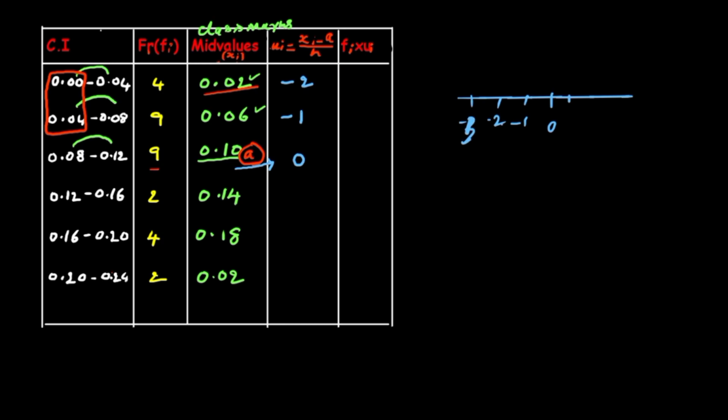And after 0 you will have 1, 2, 3. But here you can simply take that reverse: 1 here, 2 here, 3 here, and minus 1, minus 2, minus 3 on the other side.